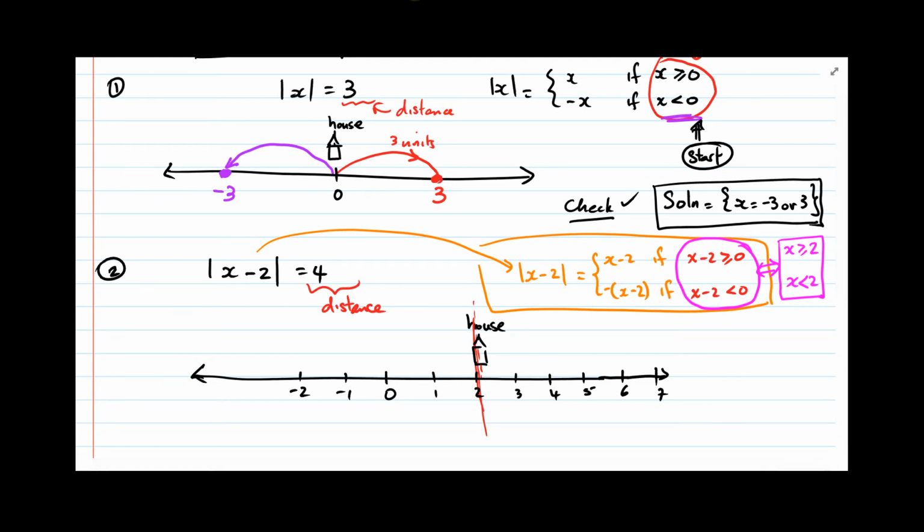And as mentioned before, this 4 units could be to the right or could be to the left of my starting place. If I go 4 units to the right, I'll end up at 6. Or if I go 4 units to the left, I'll end up at -2.